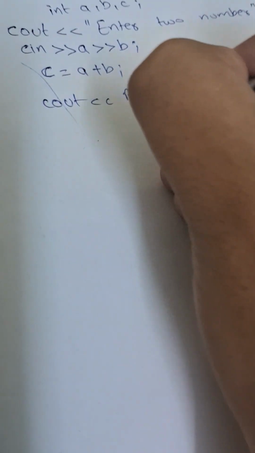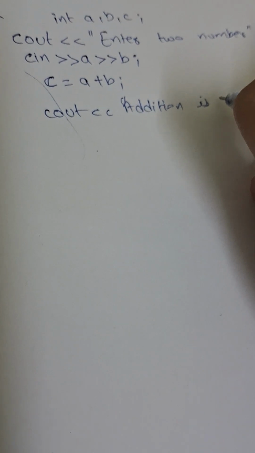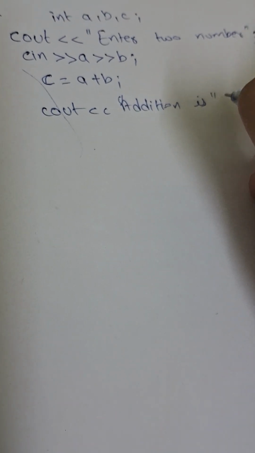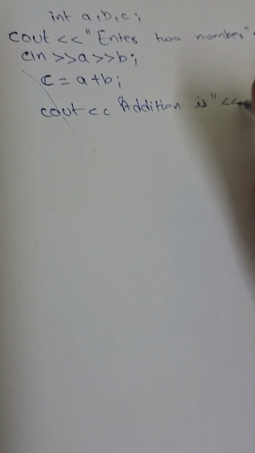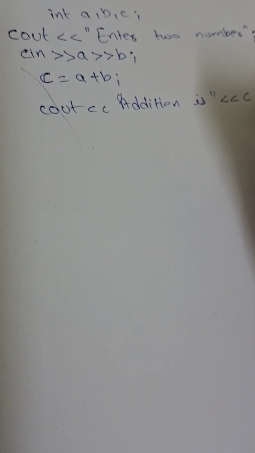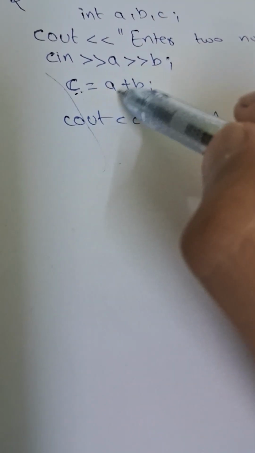After that, at last we complete with cout addition is, then we use the insertion operator and c. Why do we use c? Because what is c? a plus b.